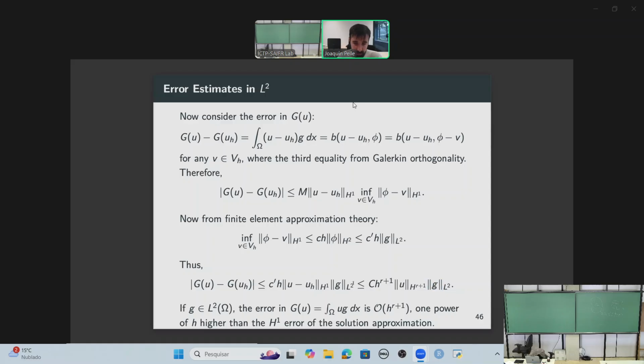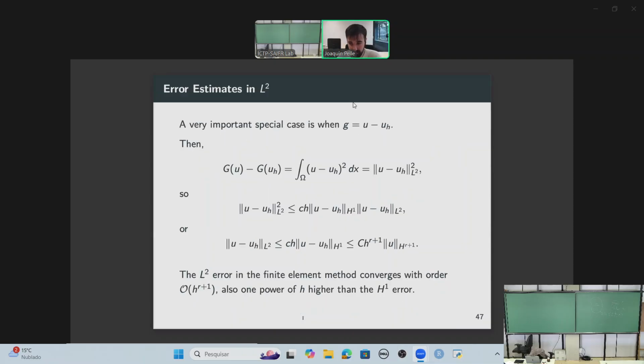Just as a comment, we can see that as we assume g is in L2, then the error for this is of order r plus 1, which is 1 power of h higher than the H1 error of the approximation to the solution.